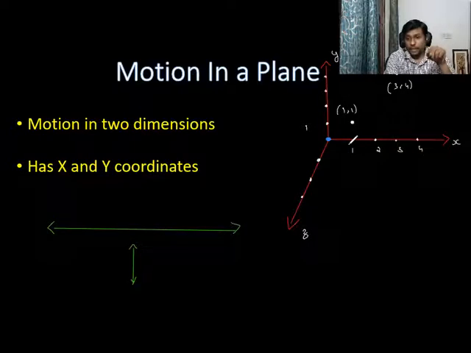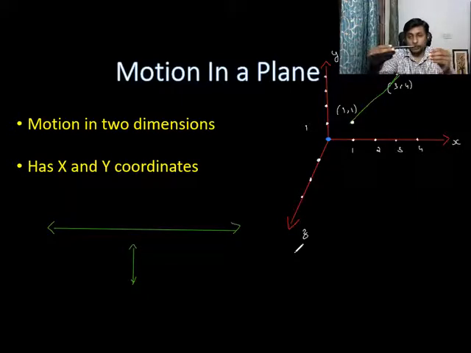But in motion in a plane, the body can do that. The body can move forward, backward, and up and down. See, for example, if this is a pen, and I apply a force on the pen upwards, the pen will move upwards. Same force if I apply along the horizontal, the pen will move along the horizontal. But what if I apply a force at an angle?